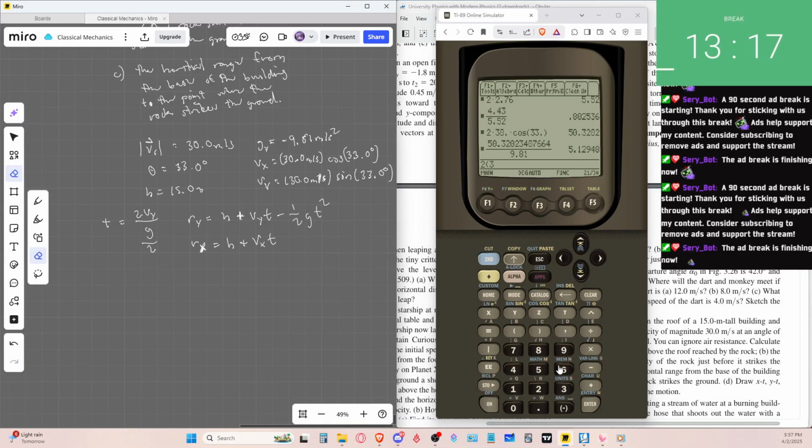I did cosine instead of sine. So let's see, and then divide that by 9.8. It's a little bit less, but 3 seconds? Is it really 3 seconds though? Doesn't seem right.